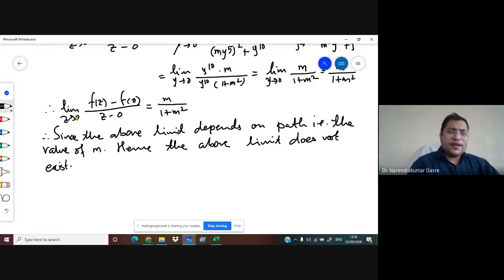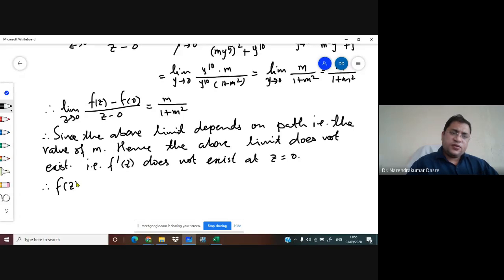What we were calculating, actually, was the derivative. So we can say f dash of z does not exist at z is equal to 0.